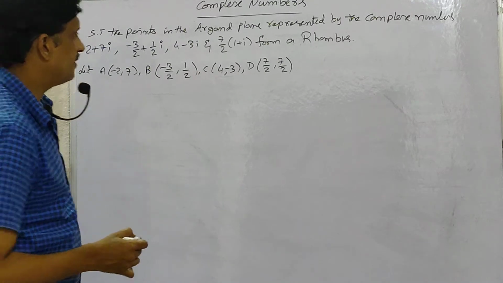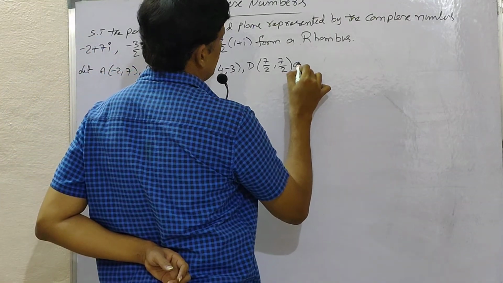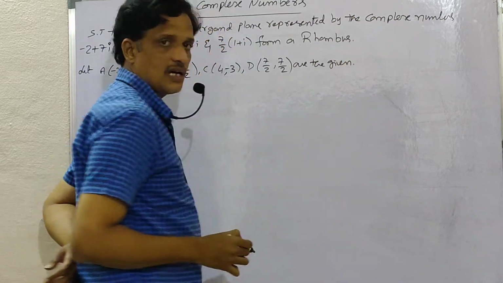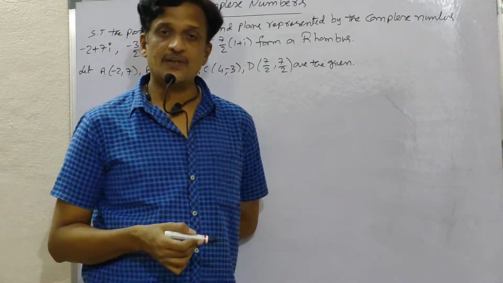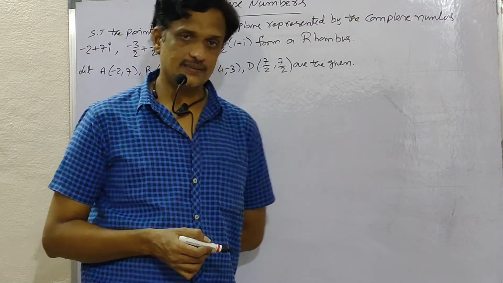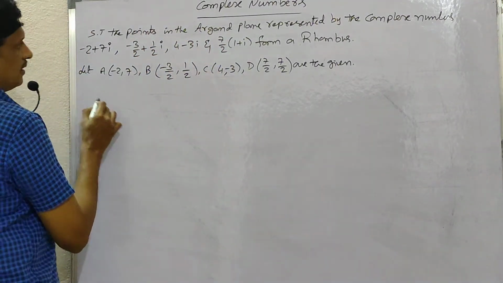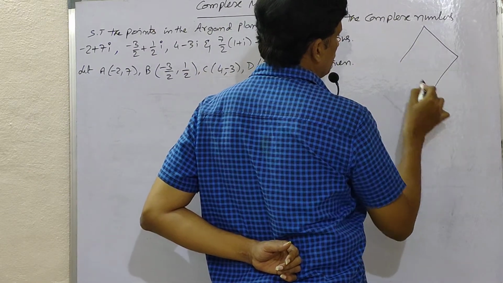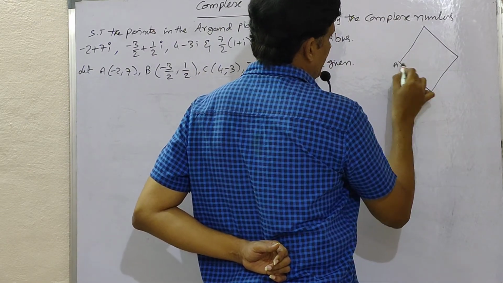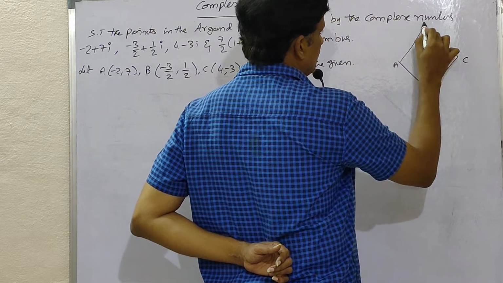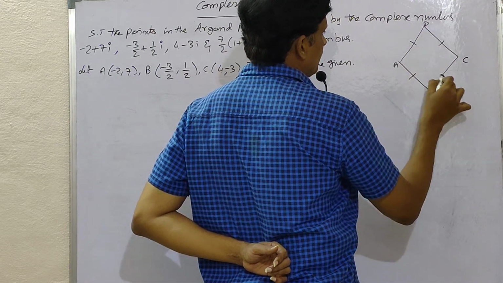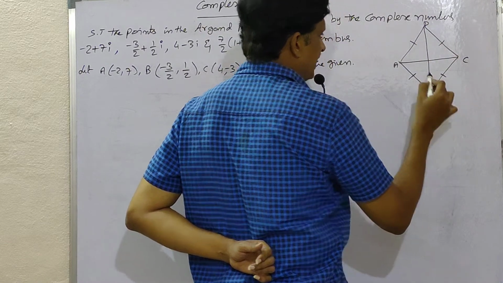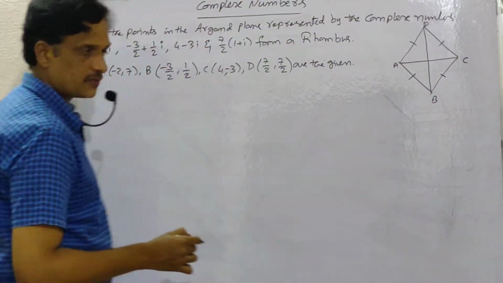A, B, C, D are the given points, which are the points represented by the given complex numbers. Then we have to prove that it is a rhombus. If ABCD is a rhombus, then the sides are equal and the diagonals are not equal. AC and BD are not equal. That is the required one.